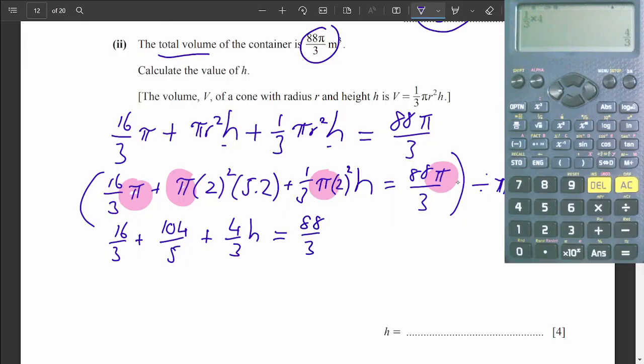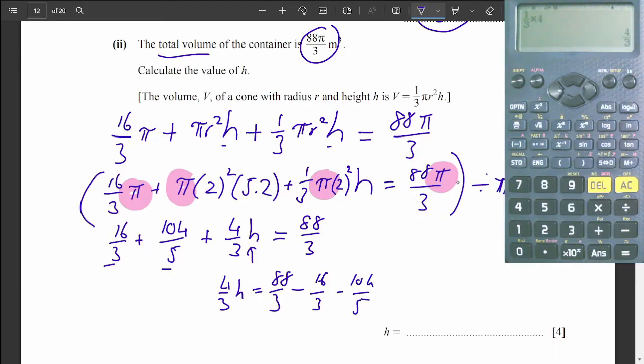Now that looks a lot more doable. It's just numbers. Okay, so first of all, to isolate the h, I can move all the terms that don't have an h to the other side. So that will give us 88 over 3 minus the 16 over 3 minus the 104 over 5.